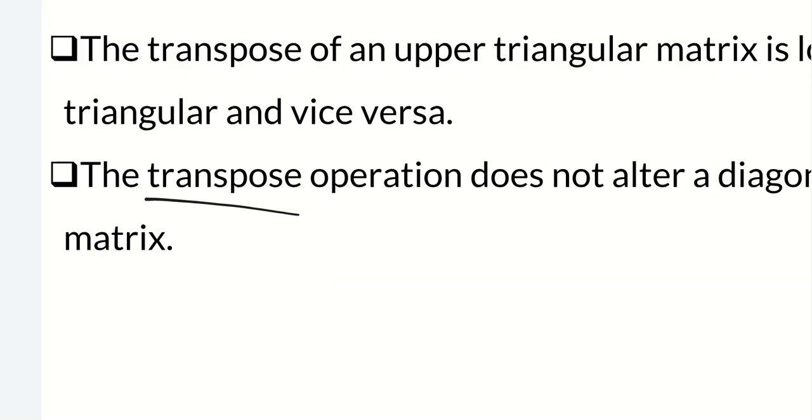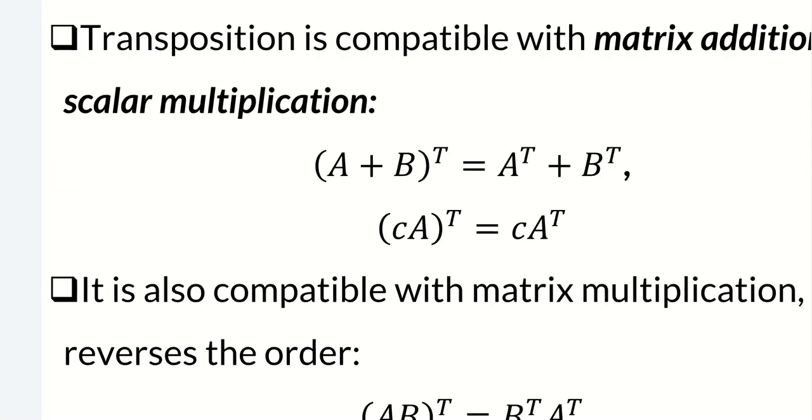Go and find out applications where, when you do the transposition, we can change the other part, but we don't want to change other parts. Go and find out in machine learning. Now, transposition is also compatible with matrix addition and scalar multiplication.